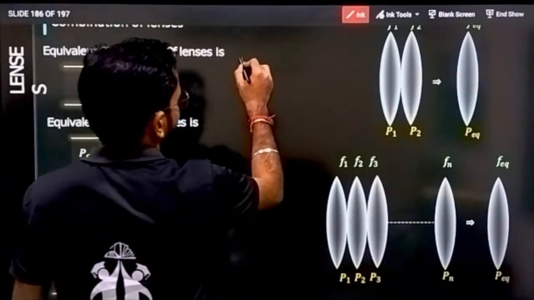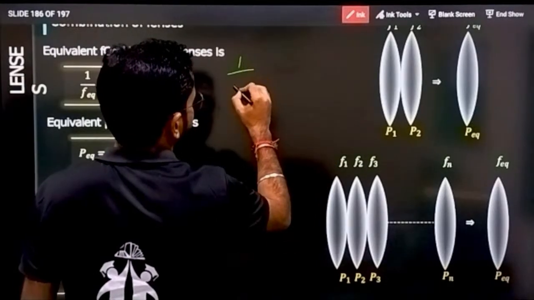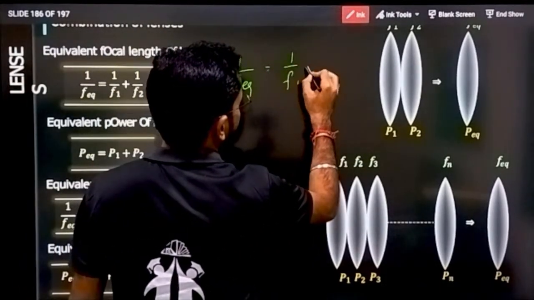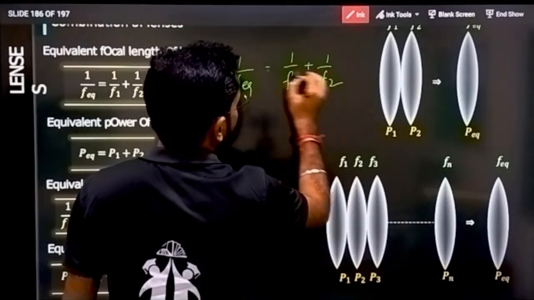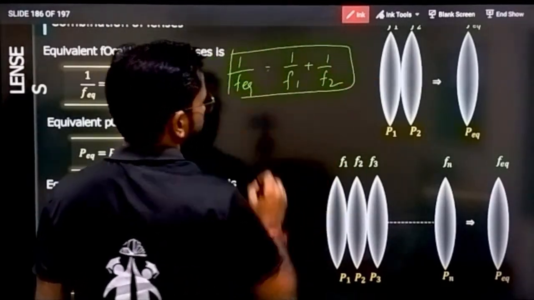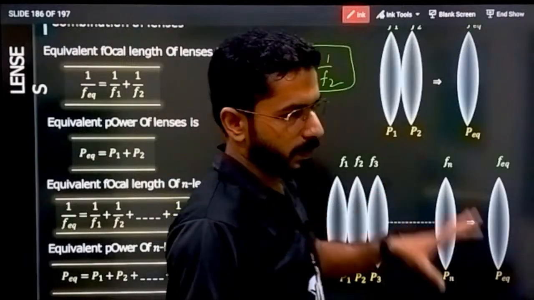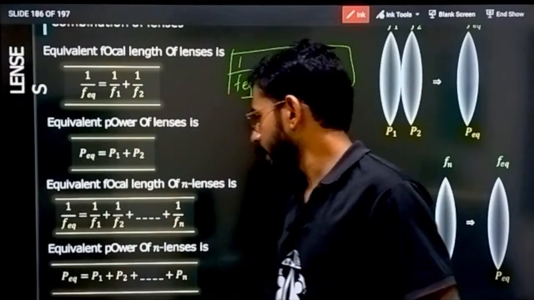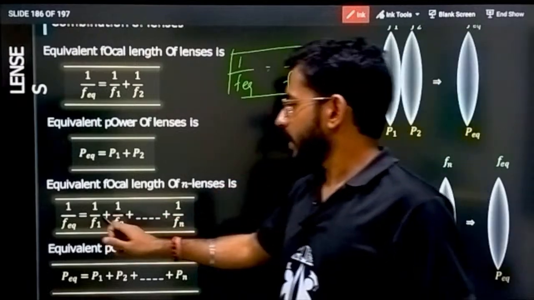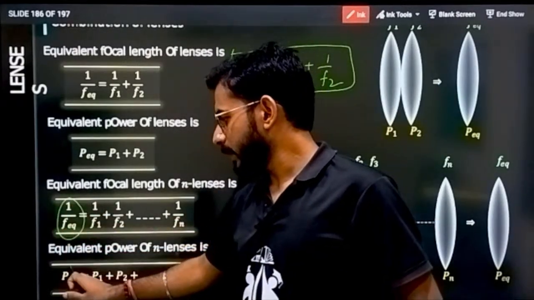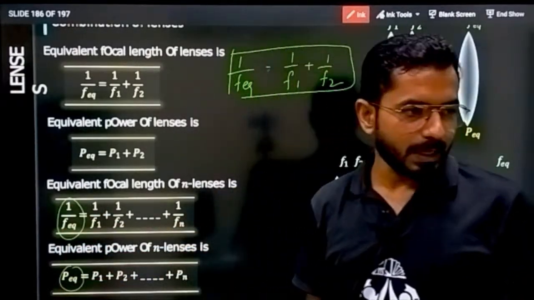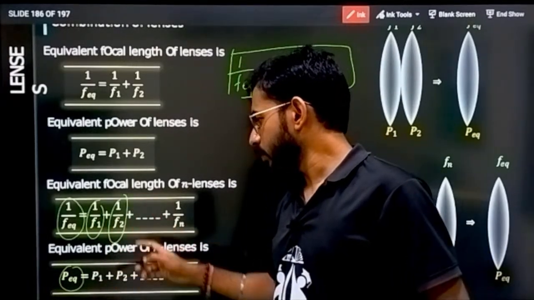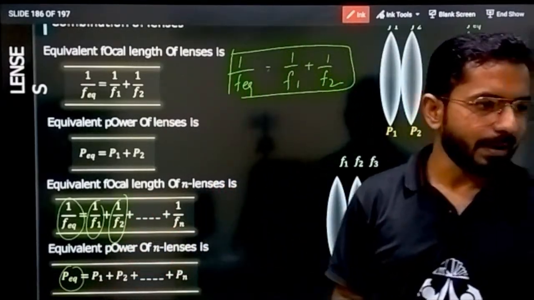Instead of writing all these, you simply write 1 by f equivalent is equal to 1 by f1 plus 1 by f2, and if n focal lengths are there, just keep adding them: 1 by f3, 1 by f4, 1 by f5, till 1 by fn. Clear? In the same way, you can write 1 by f equivalent as p equivalent, because 1 by f is equal to power. 1 by f1 can be written as p1, 1 by f2 as p2, and it will keep on adding up.